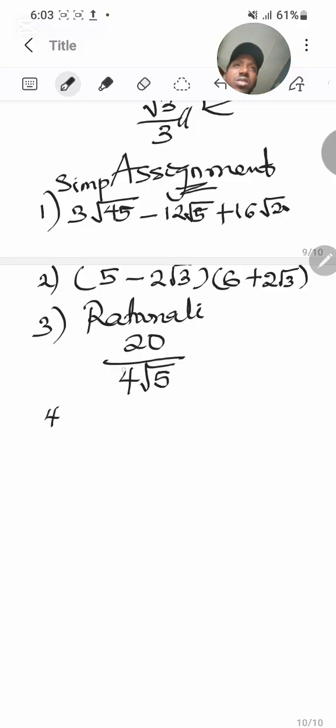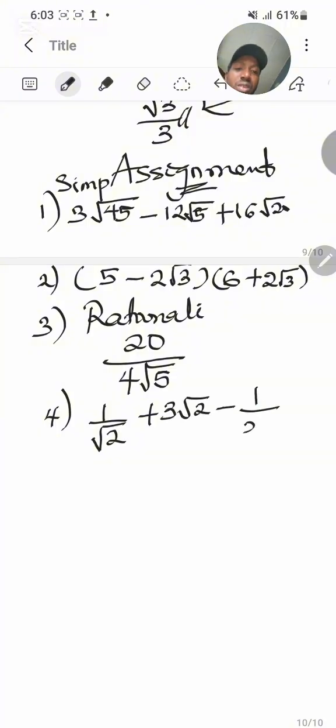And the last question, which is also a wild question: you have to rationalize, but you simplify and rationalize at the same time. Then 1 over root 2 plus 3 root 2 minus 1 over 3 root 2. So these are the questions I would love us to try and get back to me.